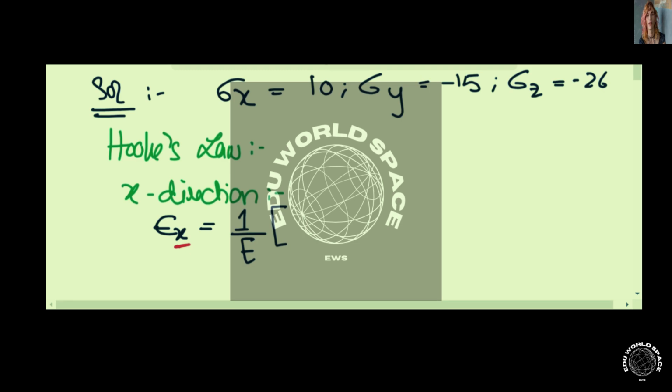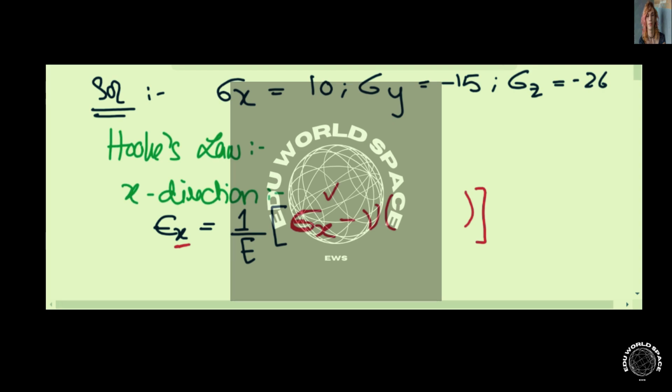The stress for the x direction will be at the start of the square bracket. Next, we have negative epsilon and open parenthesis.